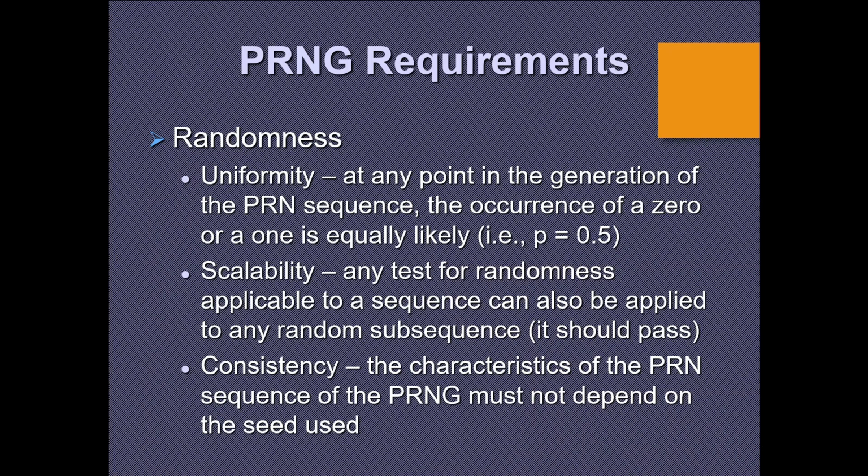Scalability demands that any test for randomness applicable to a sequence can also be applied to any subsequence, which means the randomness should be present in the subsequence as well. It should pass. The last is consistency, where the characteristics of the pseudo-random number sequence generated by the pseudo-random number generator must never depend on the seed used.